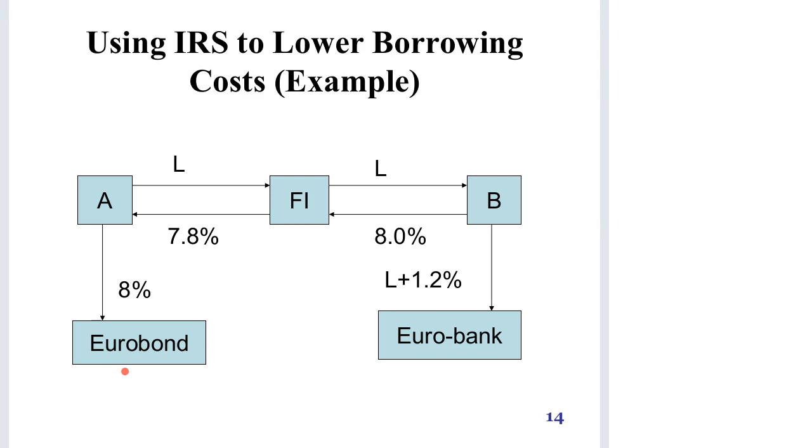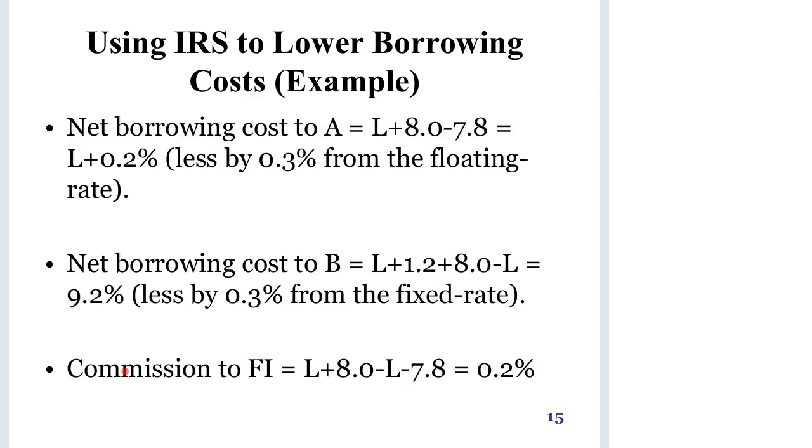So there is a 0.2%, or 20 basis points, which they earn as a facilitator of the deal. That is how this structure works. So this is the example of that, the working of the argument I described earlier.